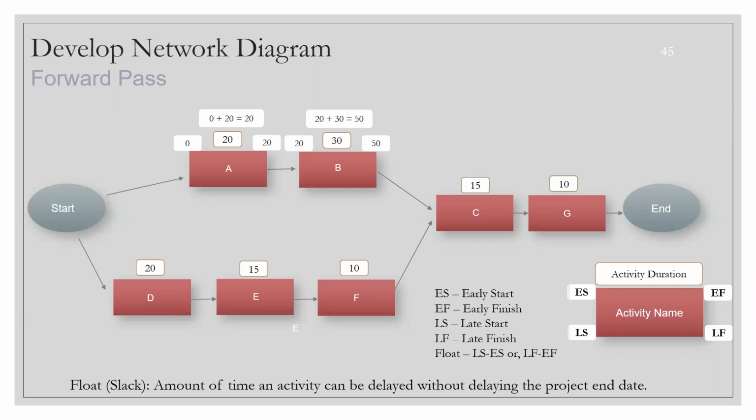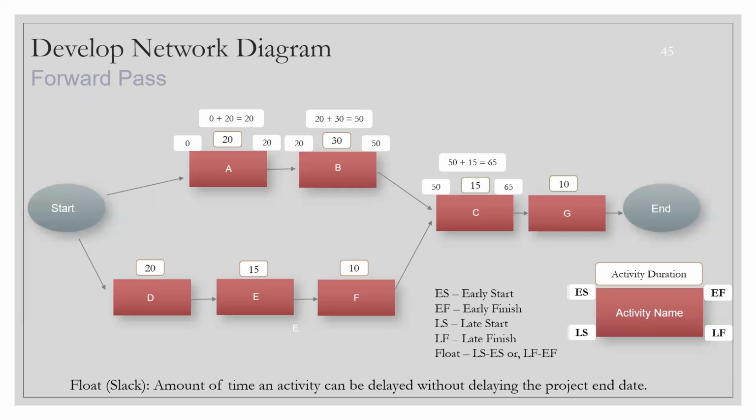Now let's come to activity C. C is dependent on B, so the starting point will be 50. 50 plus 15 is 65, and we get 65 as the early finish. You might be thinking, C also has a dependency on F, so why are we not taking the 10 of F into consideration? We'll do that, but not right now.